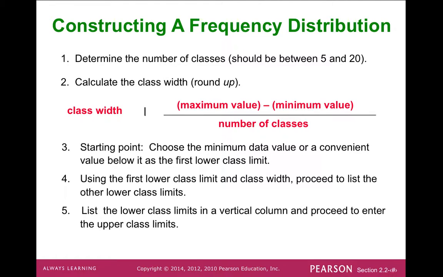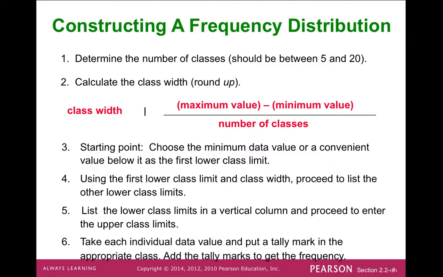So once you list the lower class limits in a vertical column, then you can proceed to enter the upper class limits based on the class width that you've determined for your frequency distribution. And finally, you're going to take each individual data value and put them in the appropriate class to get your actual frequency of data values that fall within that class.